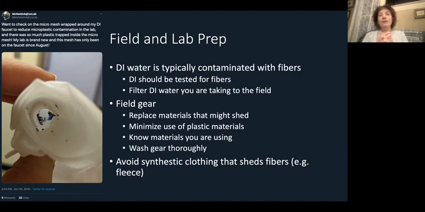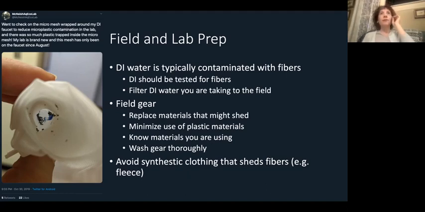So instead of wearing fleece, wear a coat. It could be plastic, but make it something that isn't going to shed. So, a raincoat or something like that, as opposed to a fleece. But accounting for that background contamination wherever you can is really important.